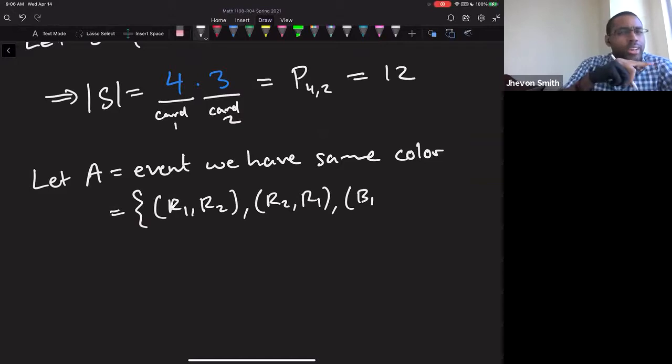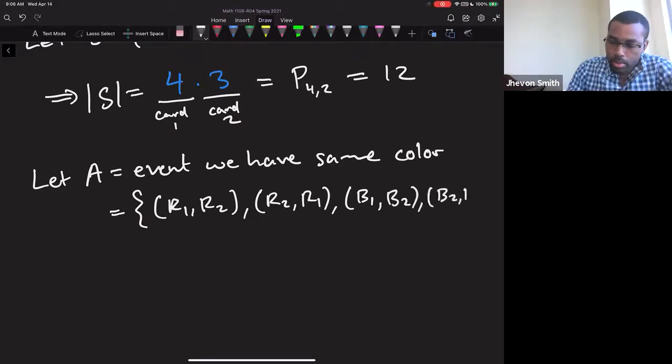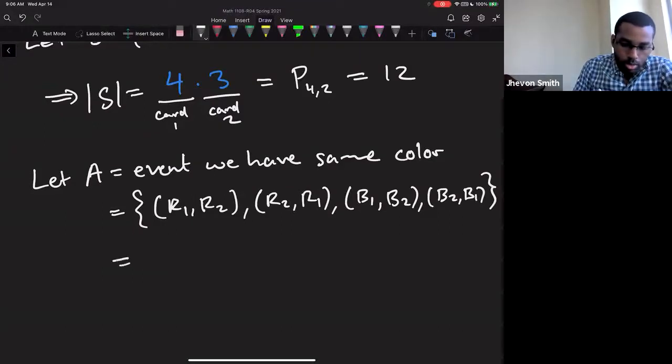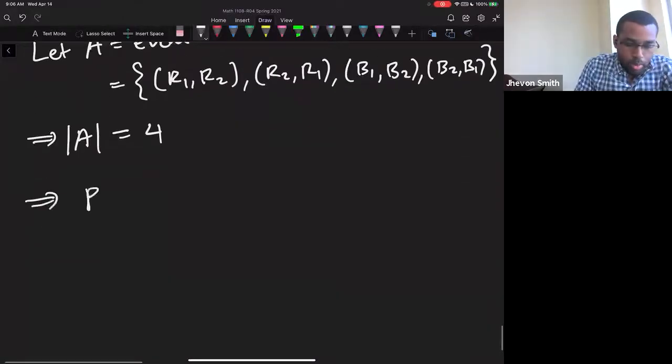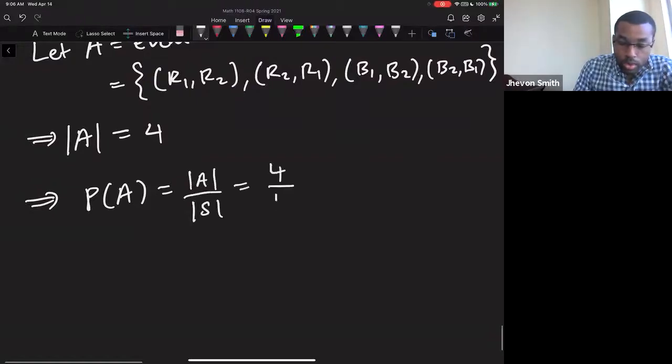I could get the first red and then the second red, or the second red first and then the first red. Also black. And so the size of A is 4. So the probability of A is the size of A over the size of S, which is 4 over 12, equals 1/3.